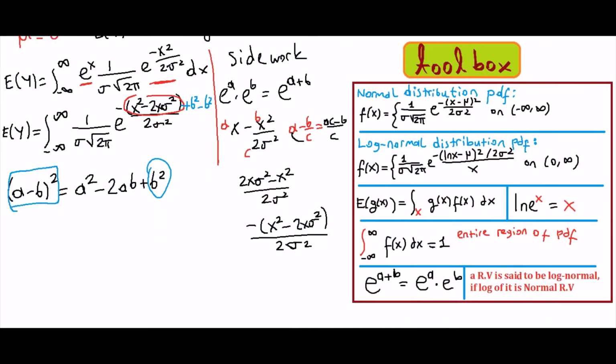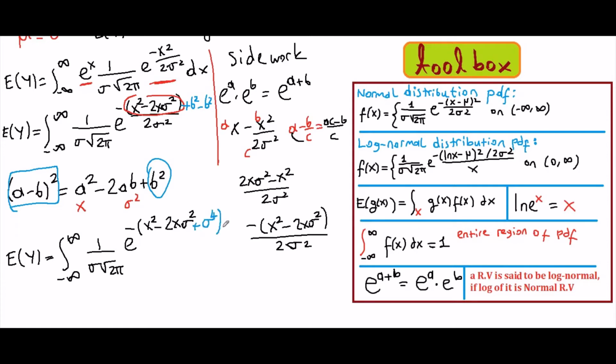So let's rewrite everything. In this case, our a term is x and our b term is sigma squared. So sigma squared squared will be sigma to the fourth power.